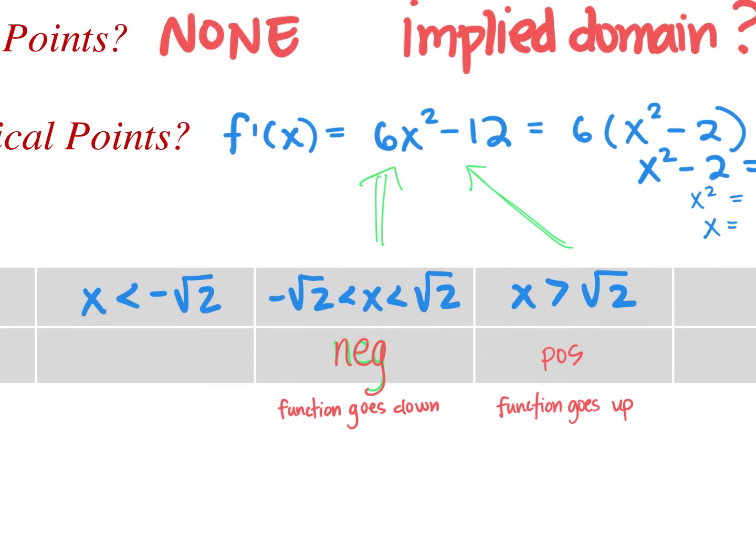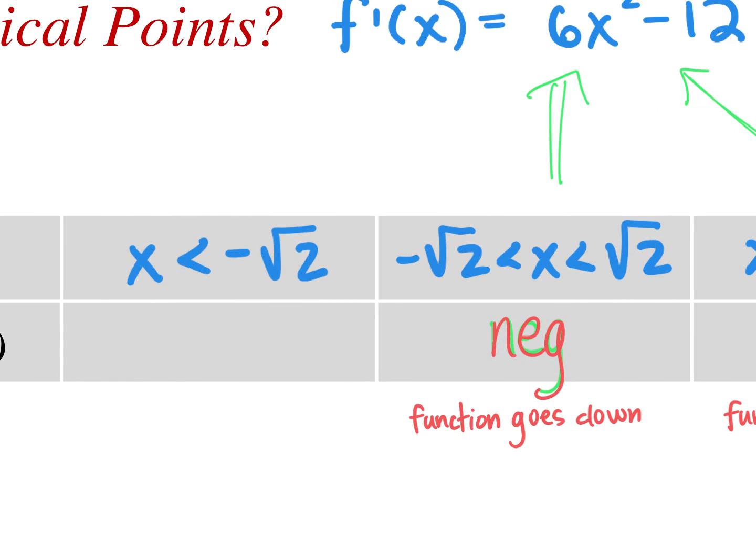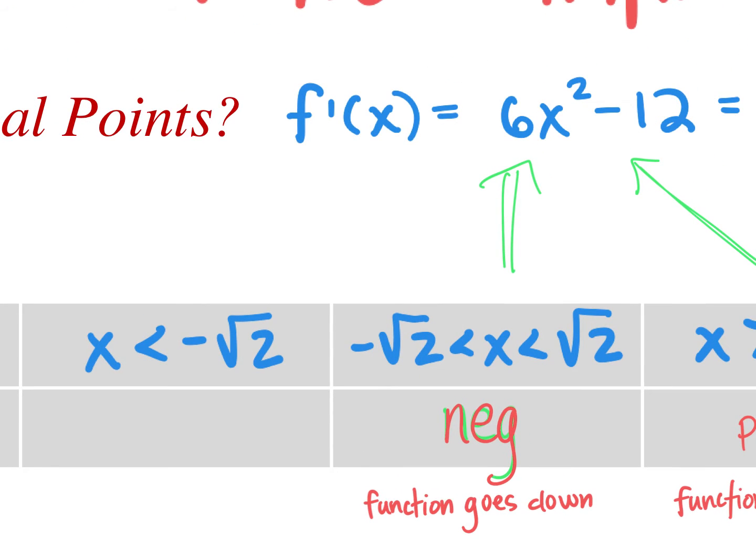All right, and then we'll do our other one. Pick your favorite number that's less than negative root 2, like negative 10 or something like that. If you pick negative 10 and you put it into the derivative and you work it out, you get a positive again. Positive values mean positive slope. Positive slope means the function is going up.